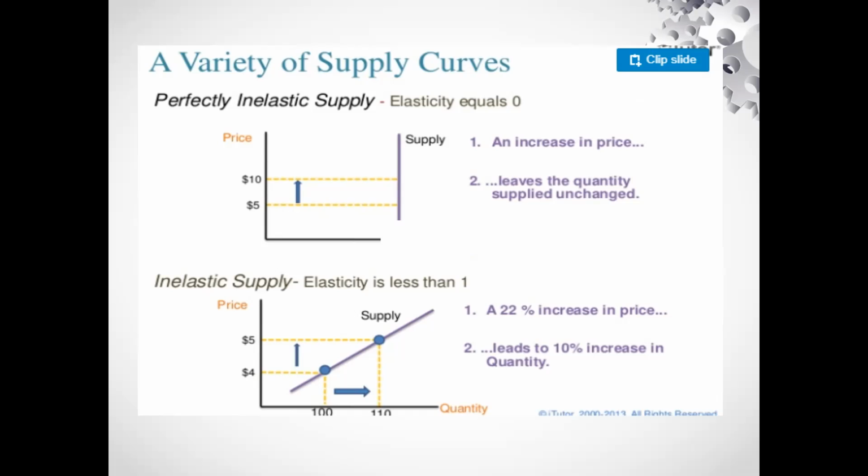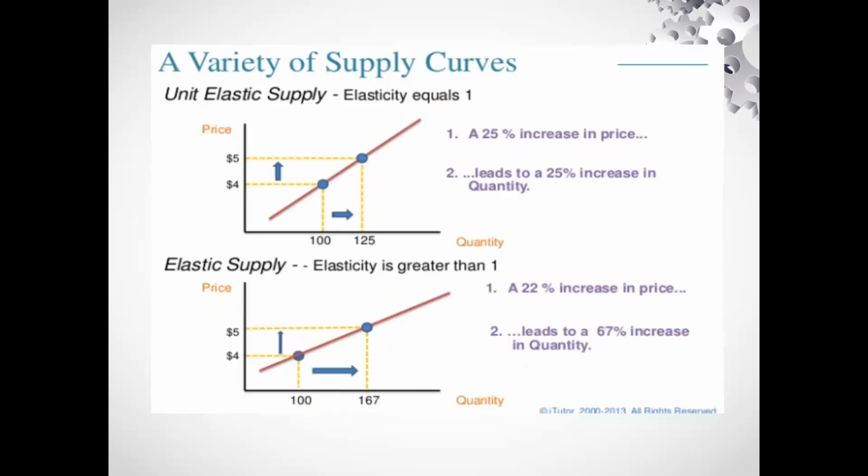But in the case of inelastic supply, if there is a change in price, say a 22% increase in price, it leads to a 10% increase in quantity. If you see, as the price increases, the supply also increases the quantity. So this is inelastic supply.